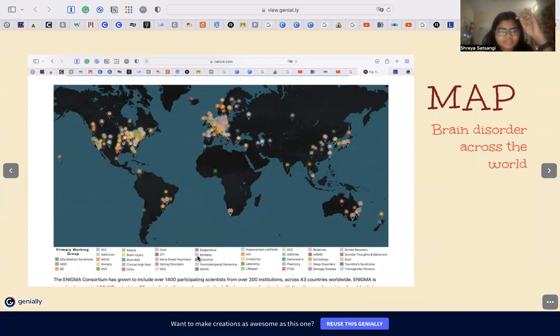We can see epilepsy here. We can see there are some cases of epilepsy in Europe, America, and different places. They are basically brain disorders, like anxiety, ADHD, epilepsy, and then HIV. HIV is not a brain disease, but also Parkinson's and all of this. So it's shown in the map.